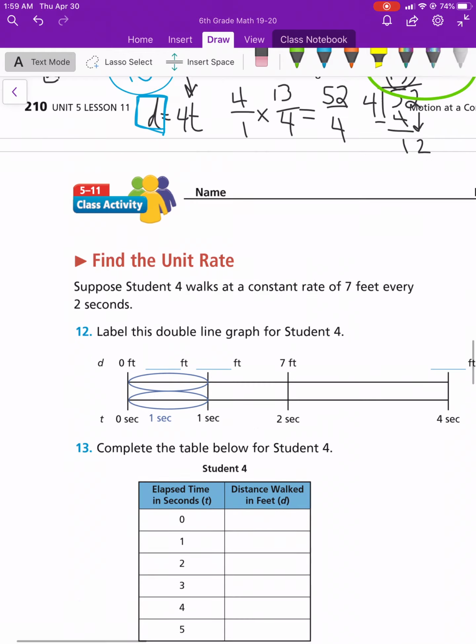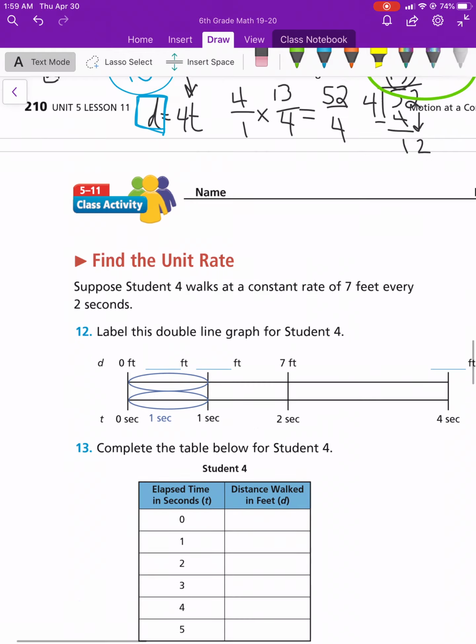As this time goes forward, the distance that student 4 is walking is changing. So we know how much at 2 seconds. What we're trying to solve is how much at 1 second, and better yet, how much at a half a second.